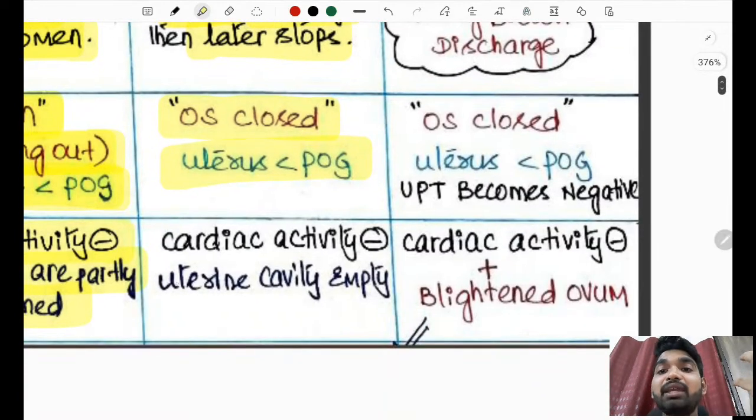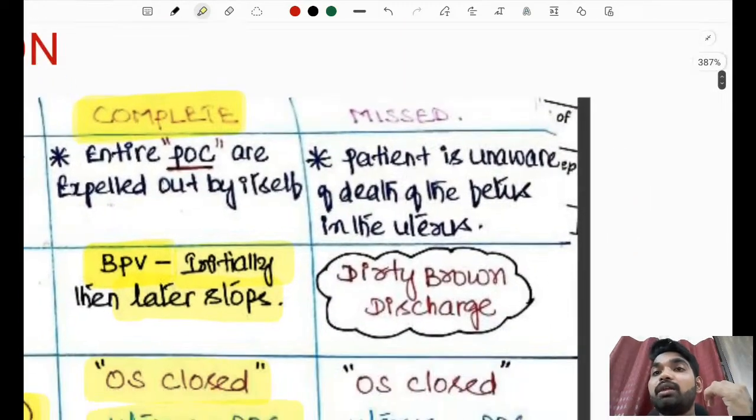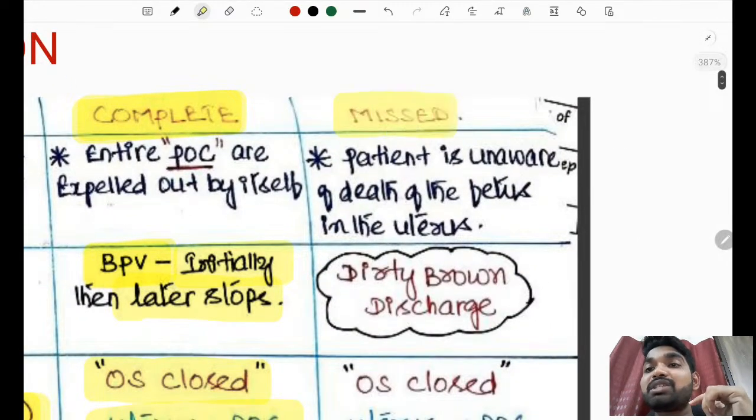And when you do scanning, the uterine cavity will be empty, absolutely nothing you can find in the uterus. Cardiac activity will be absent. There is no fetus, then where are you going to see cardiac activity? No cardiac activity, right?